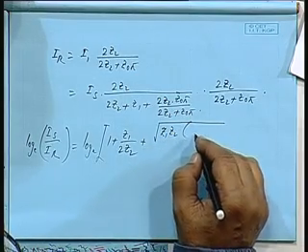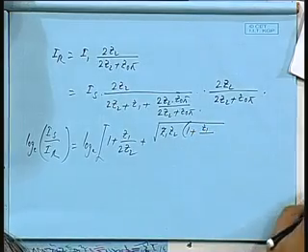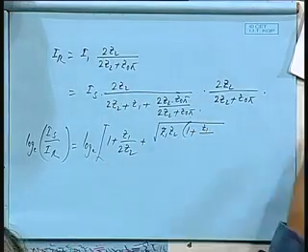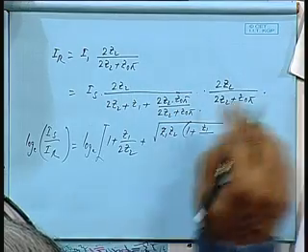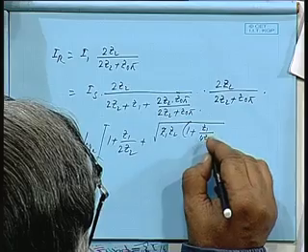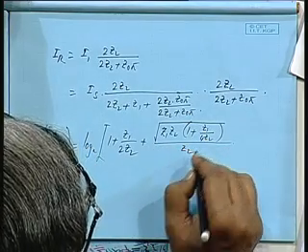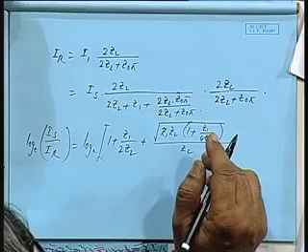into 1 plus how much, Z 1 by twice Z 2 or 4 Z 2. You check up, Z 1 by 4 Z 2 divided by Z 2. Okay.